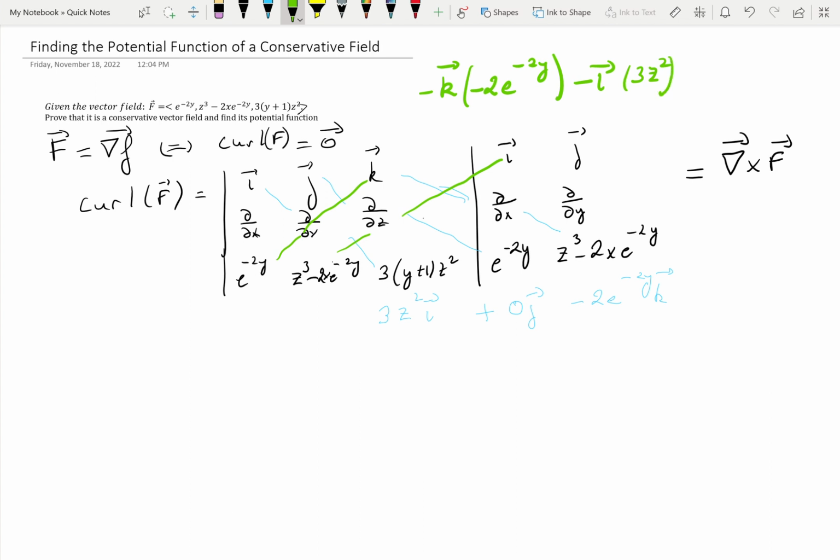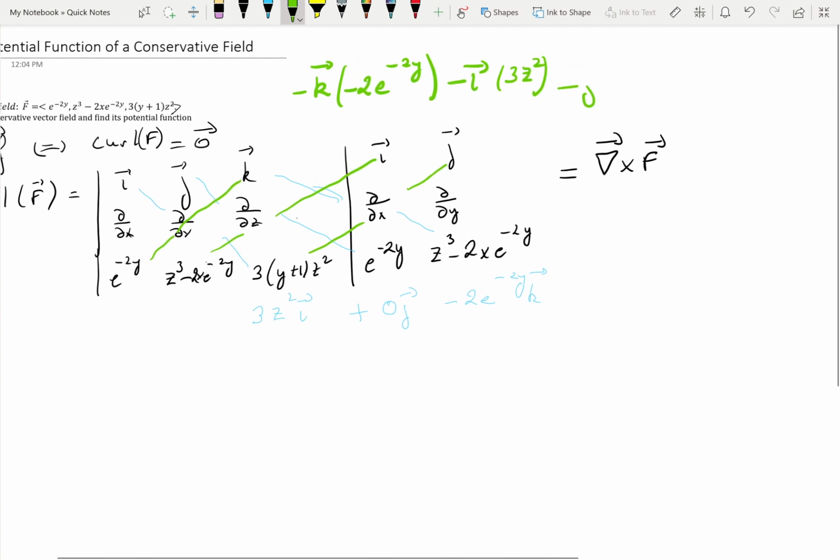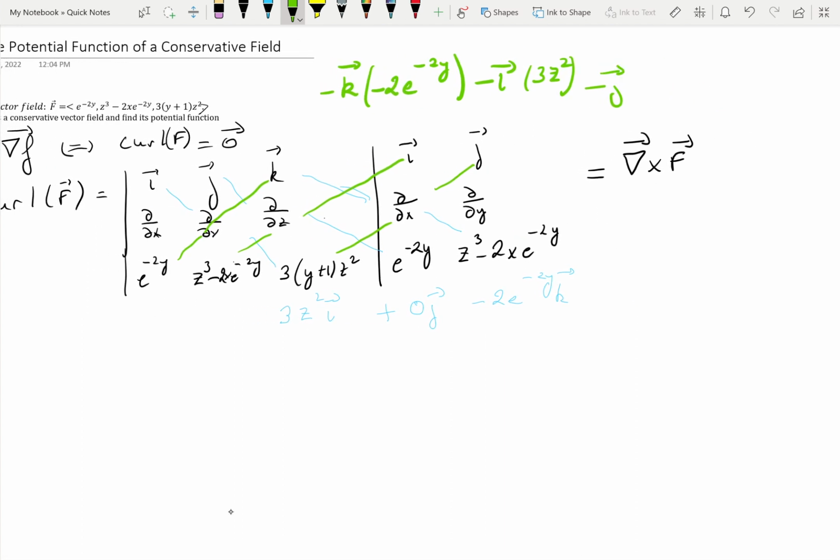So that's finished. And the last anti-diagonal is minus, again minus, j times the partial with respect to x of 3 times y plus 1 times z squared. There is no x variable, so all of it is treated as a constant.